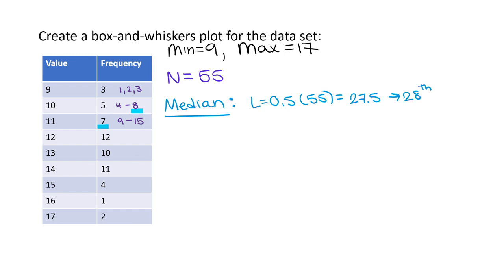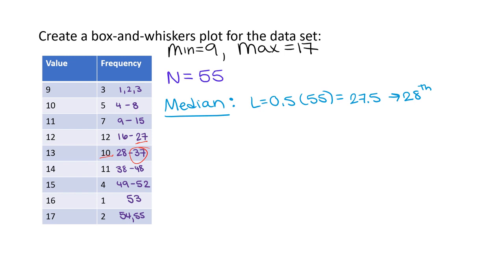And I'm just going to fill out the whole table right now. So 15 plus 12 is 27. So data values 16 through 27 are here. And then I just did the rest of them. 27 plus 10 gave me 37.